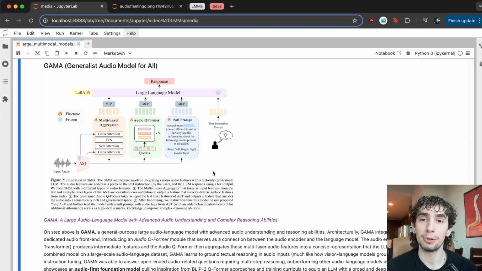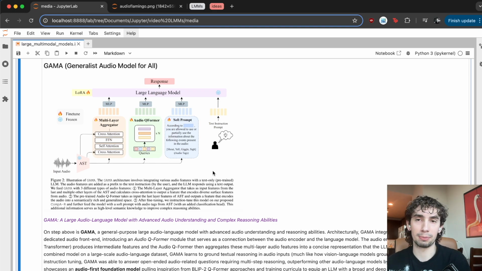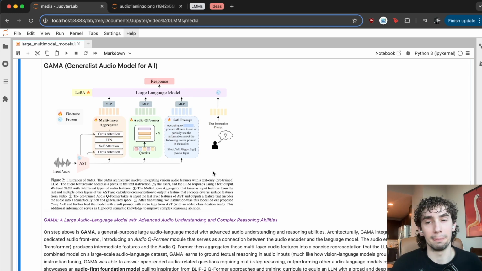But the main bulk of it is that we can also use the same kind of adapter architecture to connect the actual representations into a format that a frozen large language model can understand and be able to do advanced reasoning through different audio inputs.